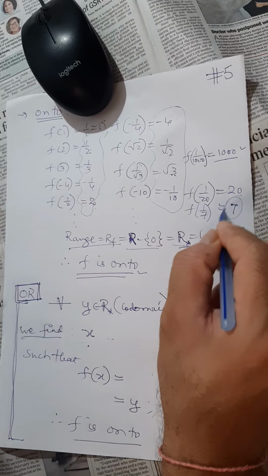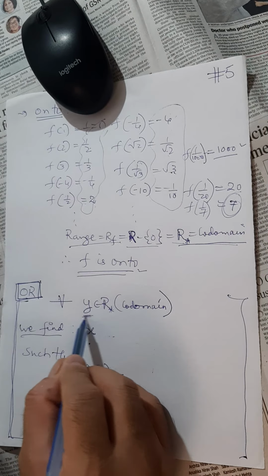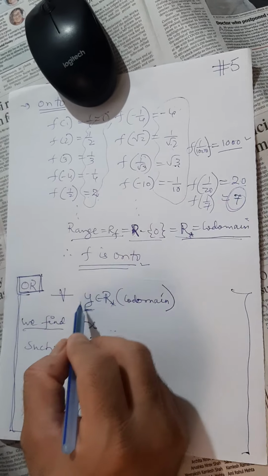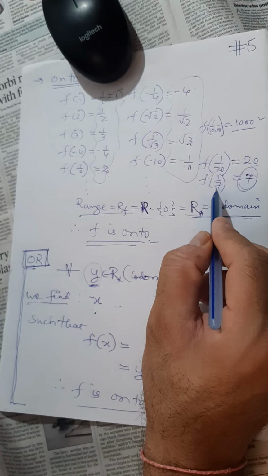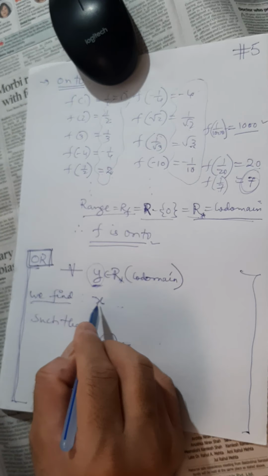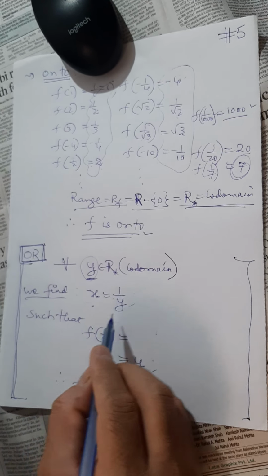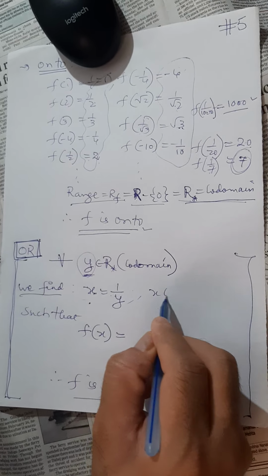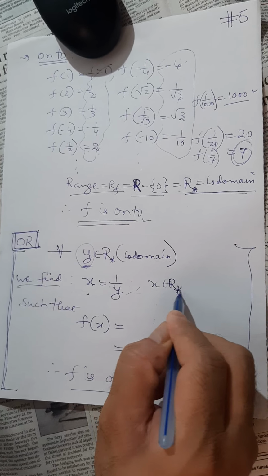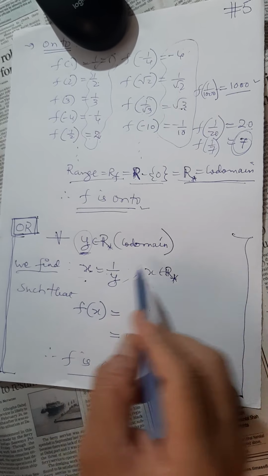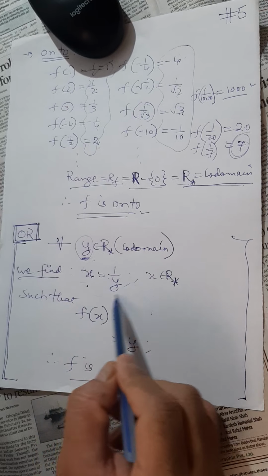So I've started with this 7, which is y, or 20, that is y. Then I'm taking 1 upon 20, here 1 upon 7. So what should be my x? That is 1 upon y, reciprocal. And remember, x will be again in R star.